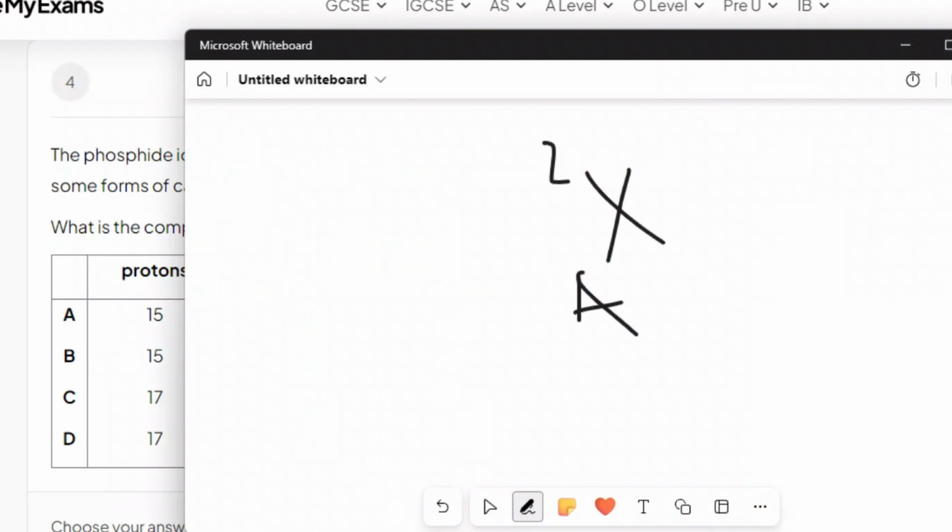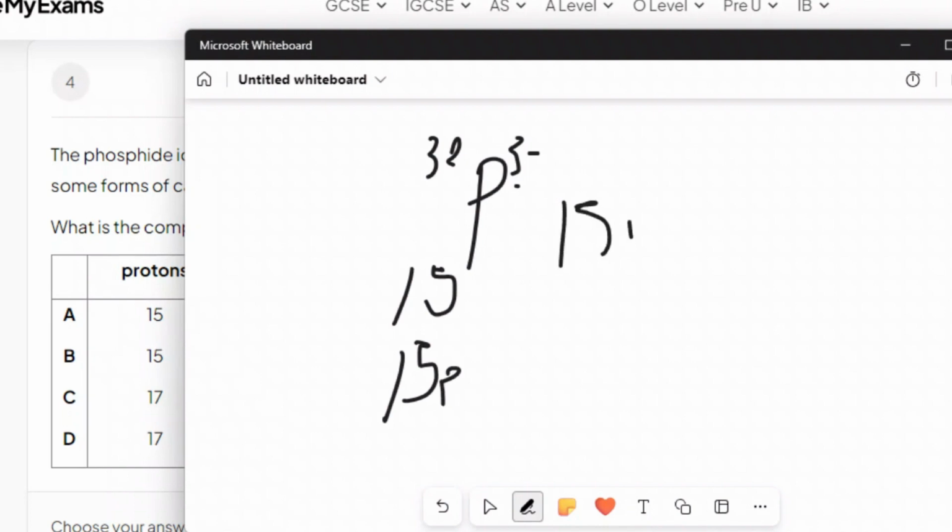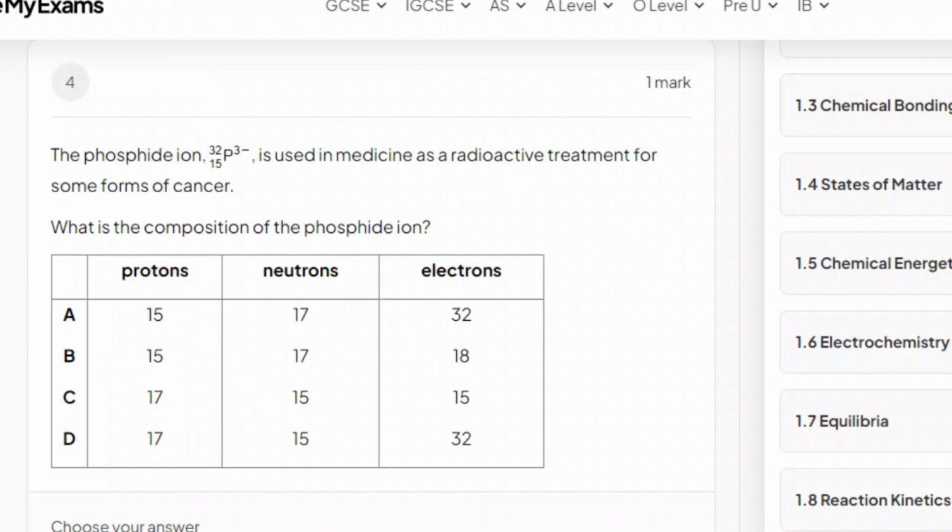So in the case where we have the phosphide ion, 3-, 15, 32 up here, we're going to have 15 protons, but since there's a 3- up here, we do 15 plus 3, which gives us 18.